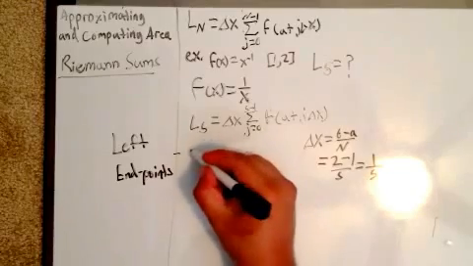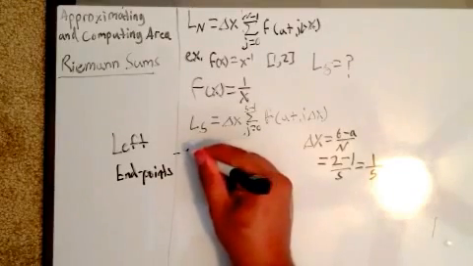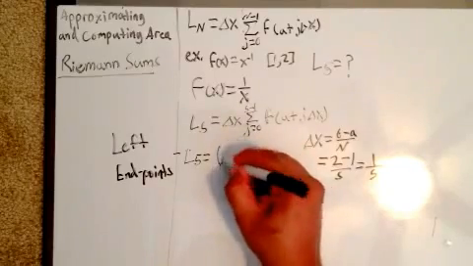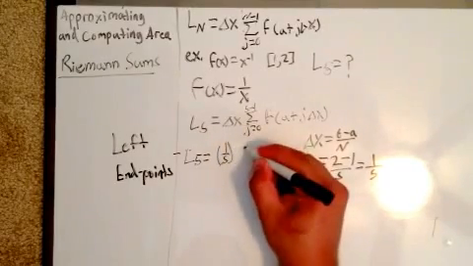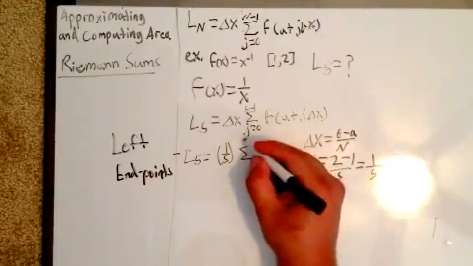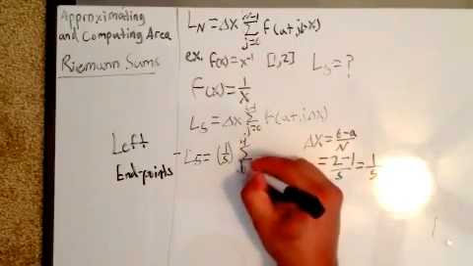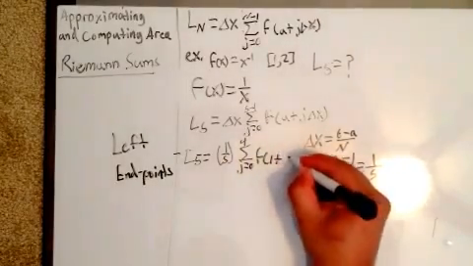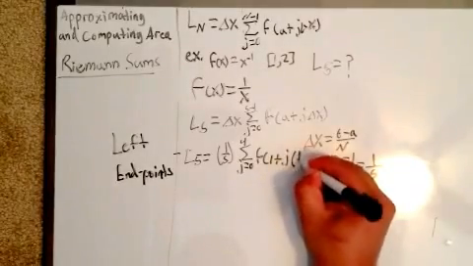So now we could say L of 5 is equal to 1 over 5 times the summation from j equals 0 to 4 of f of 1 plus j times 1 over 5.